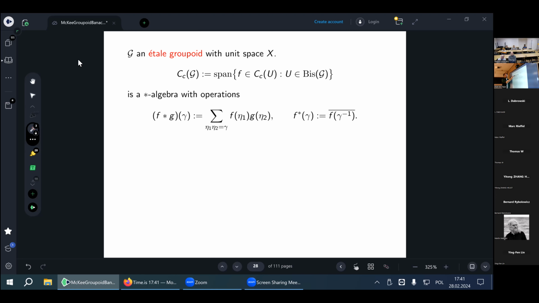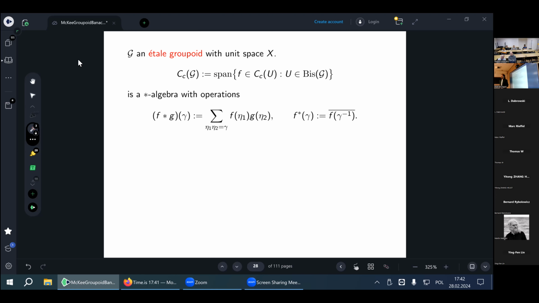In the Hausdorff case, this reduces to the traditional continuous compactly supported functions. But in the non-Hausdorff case, they might not be the same, and this one we can work with.